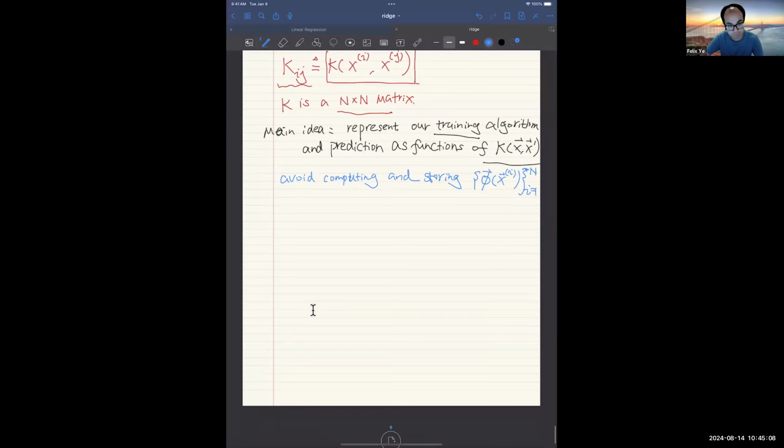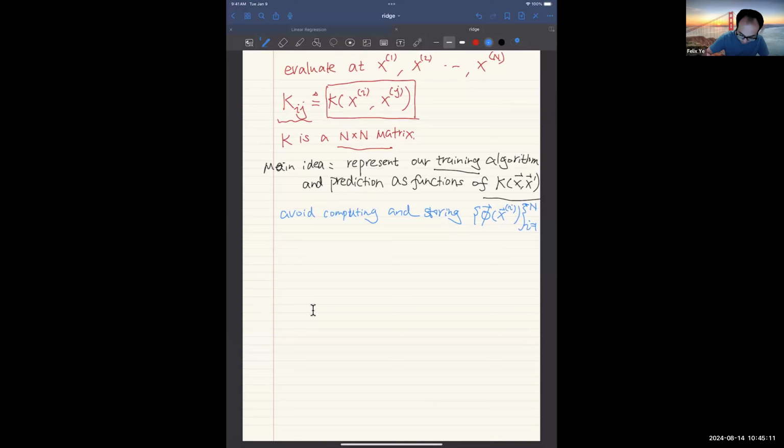For example, I'm going to consider the polynomial features of degree exactly equal to k.